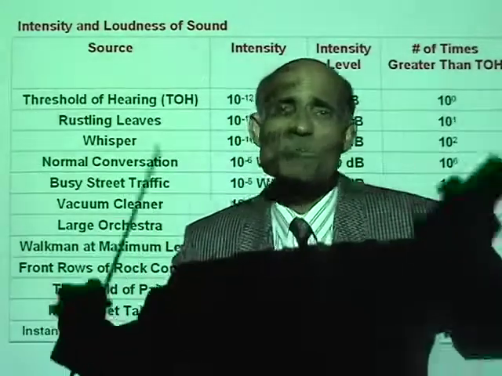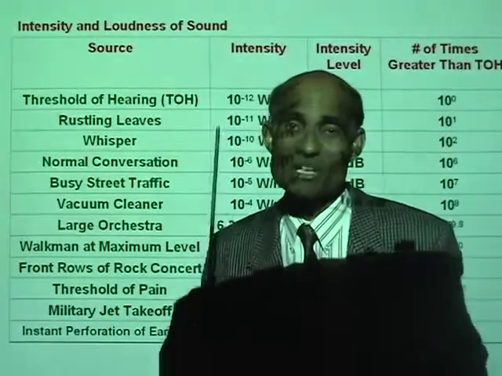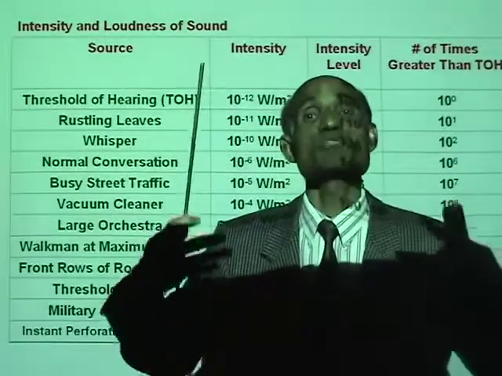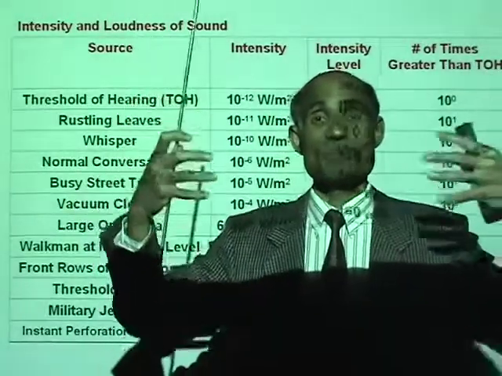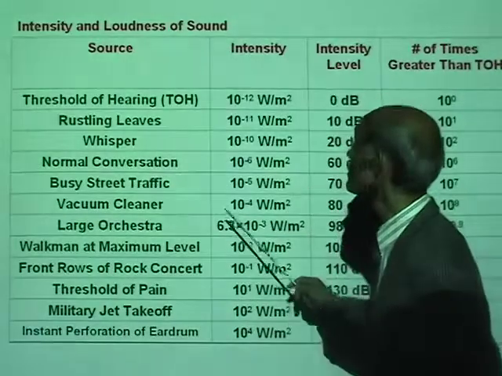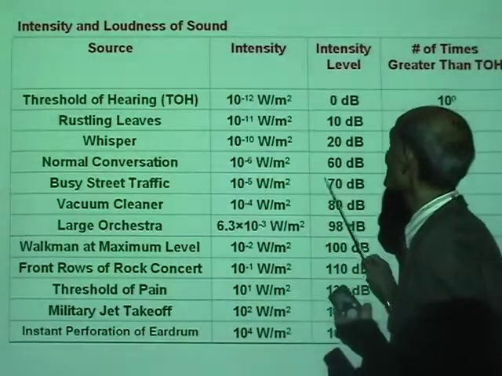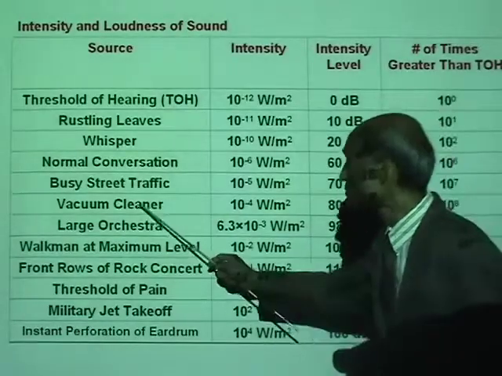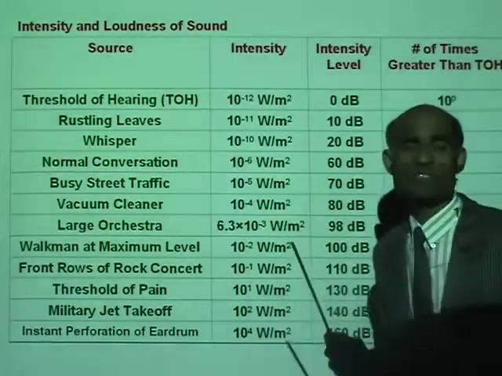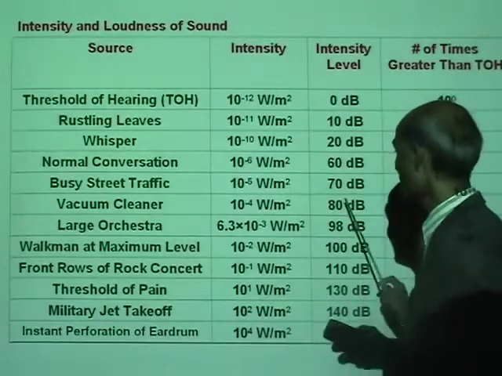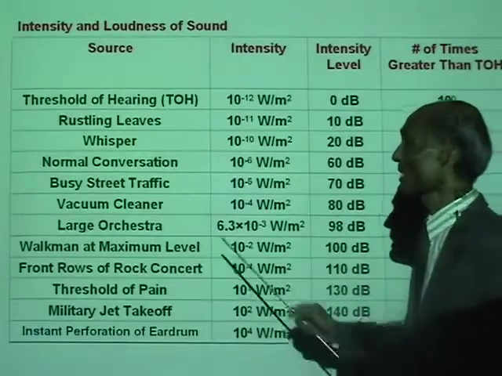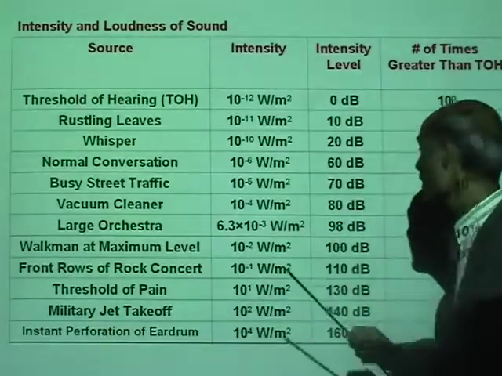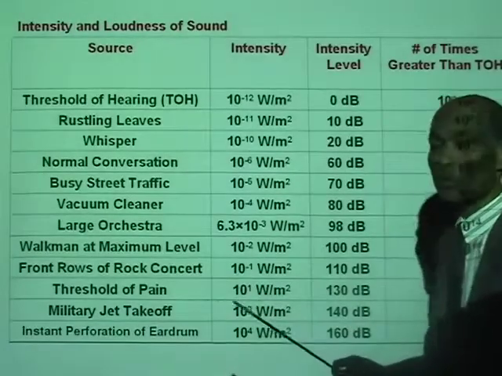Otherwise, I'll be shouting into your ears, because I have a normal tendency to speak very loud. So my speaking is almost between 70 and 80 decibels. A vacuum cleaner doesn't produce a very pleasing sound. That's about 80 decibels. A large orchestra is 98 decibels.